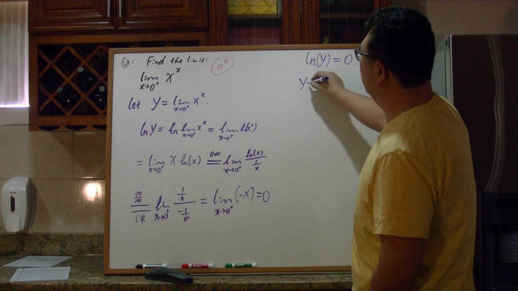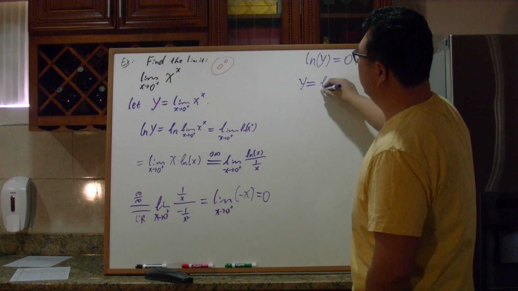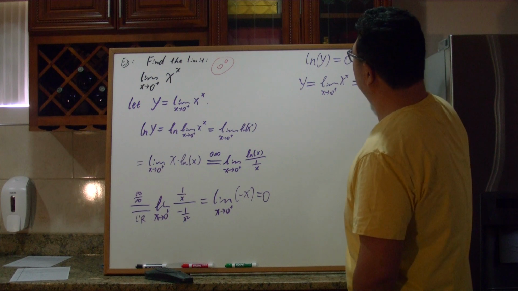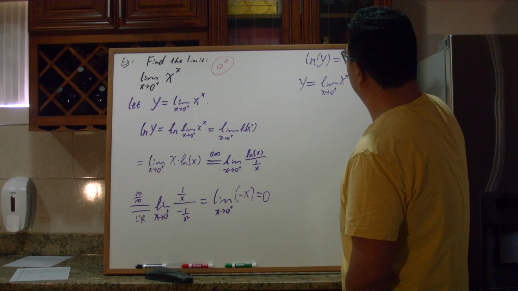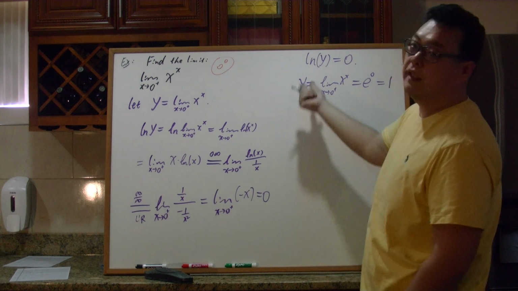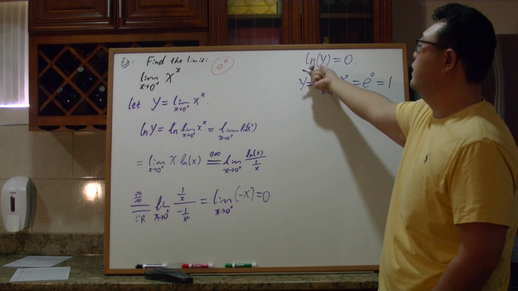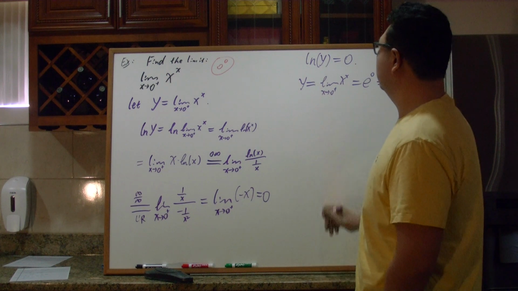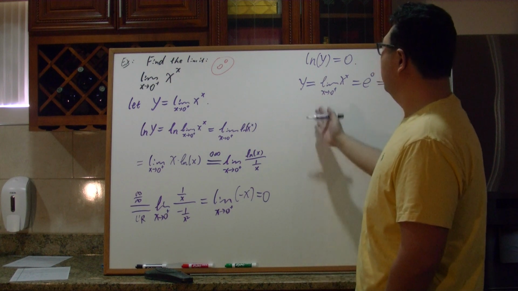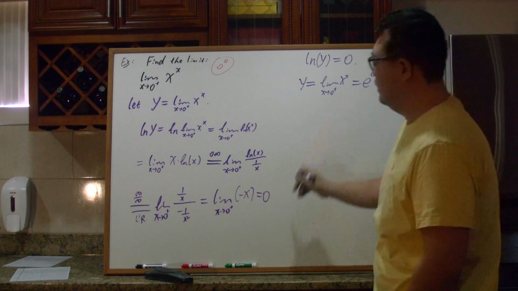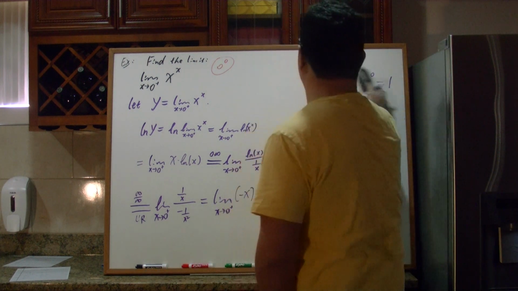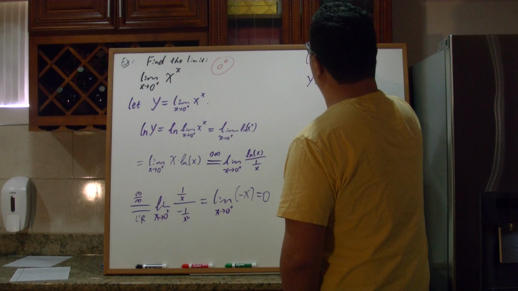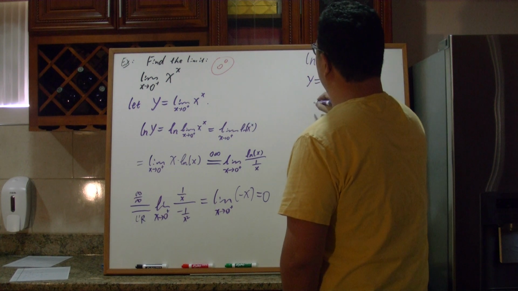Then y equals the limit as x approaches 0 from the positive side of x to the x, which is e to the 0, that is 1. Well, we apply the inverse function to evaluate y. The y should be e to the 0, which, if you write more clearly, equals 1, not writing them in one step.